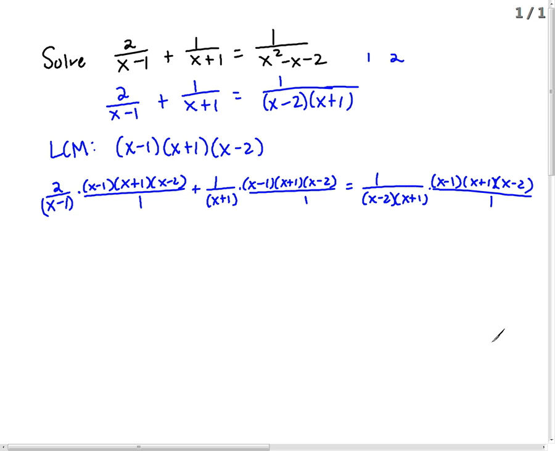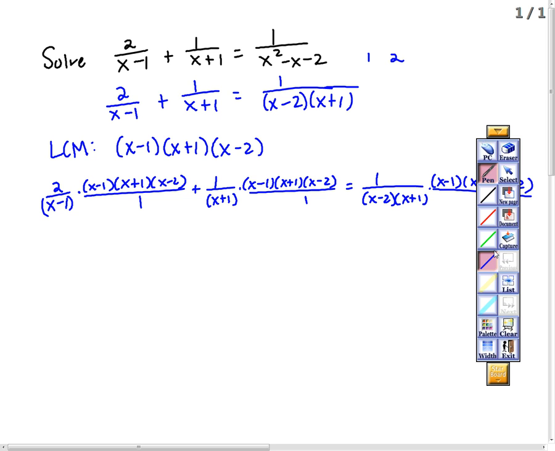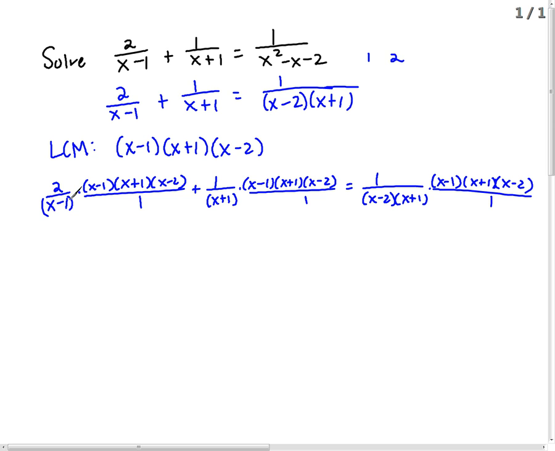Now we're going to play what I like to call the I hate fractions game. You should be able to cancel every single denominator. Okay, so x minus 1 cancels here, x plus 1 cancels here, x minus 2 cancels here, x plus 1 cancels here.